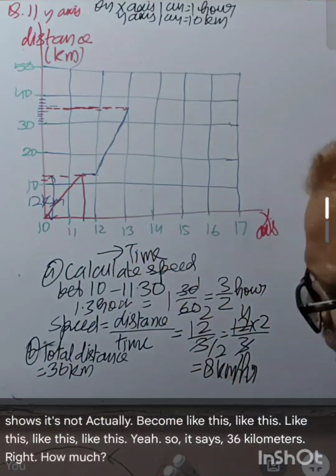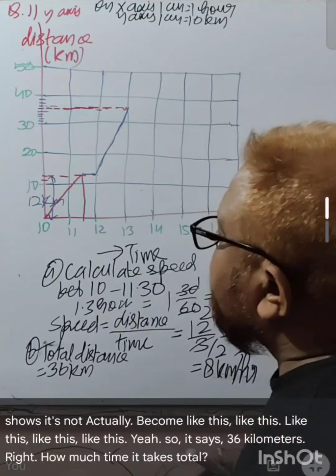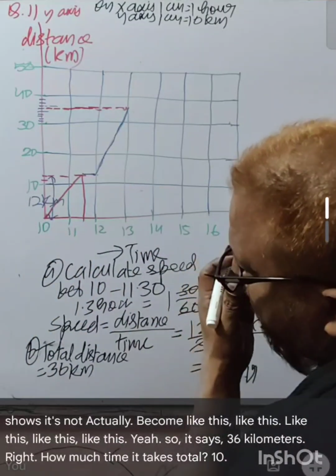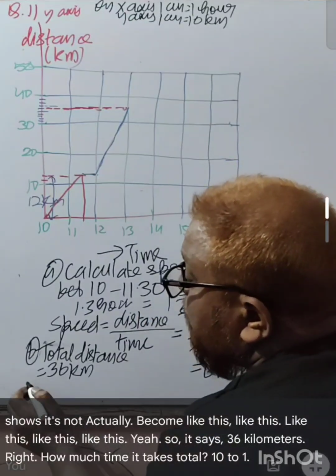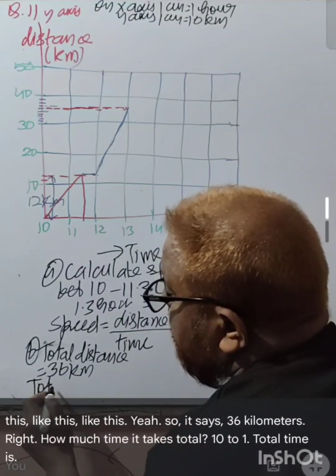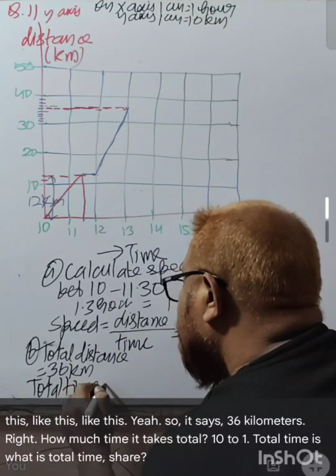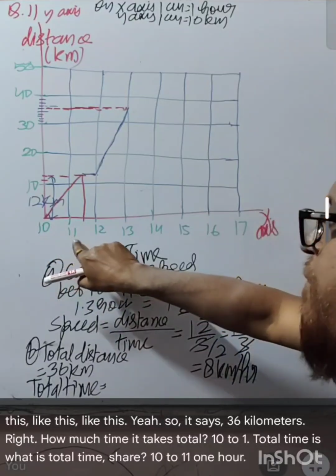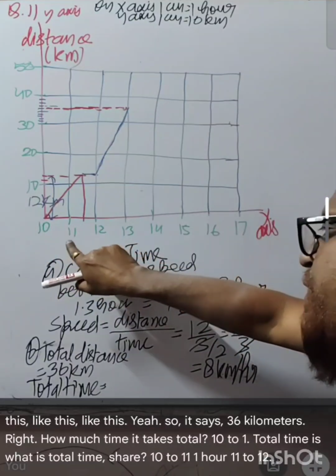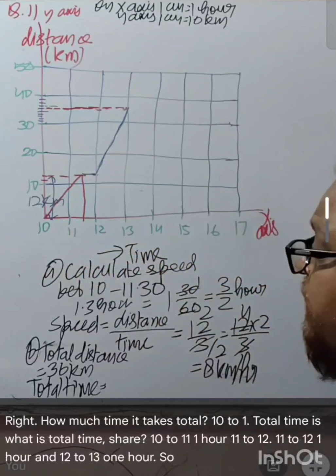How much time does he take in total? 10 to 1. What is the total time, Shreya? 10 to 11, 1 hour, 11 to 12, 1 hour, and 12 to 13, 1 hour. So there are 3 hours.